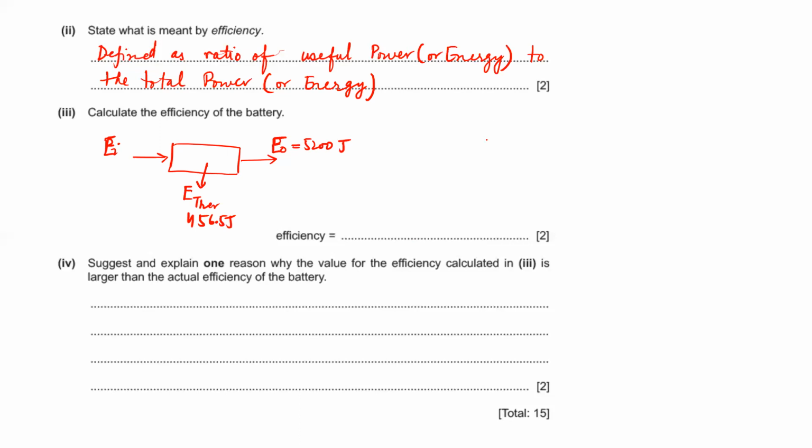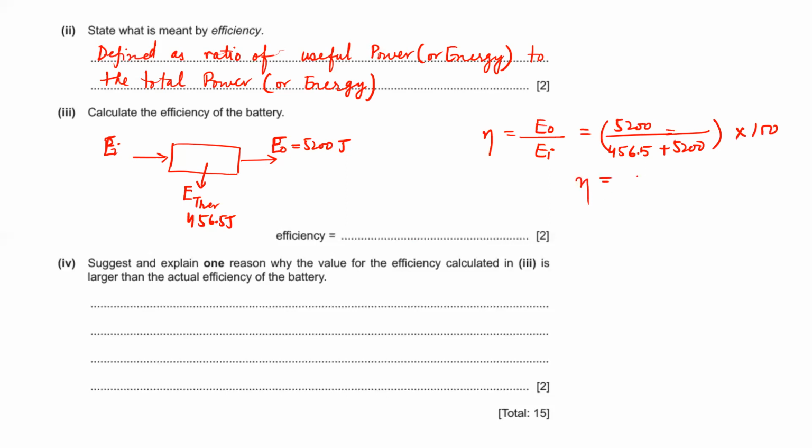So efficiency again, E output over E input. So E output is, say, for example, 5200 divided by 4565.5 plus 5200. That is, the input is whatever energy was lost and whatever we got at the output, assuming that we have no other sources of loss.